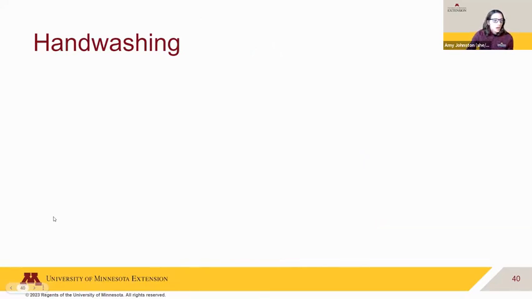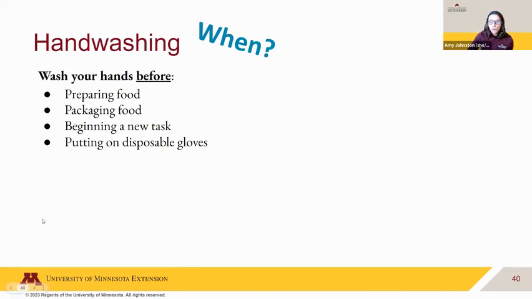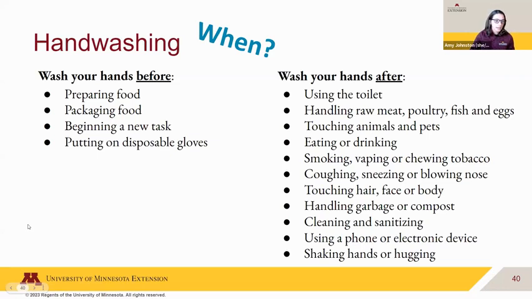Okay. So you've likely heard the phrase frequent hand washing when preparing or handling foods, but what does that mean? So always wash your hands before beginning to prepare foods, before packaging foods, before beginning a new task, and before putting on disposable gloves. Always wash your hands after using the toilet, handling raw meat, poultry, fish, eggs, touching animals and pets, eating or drinking.